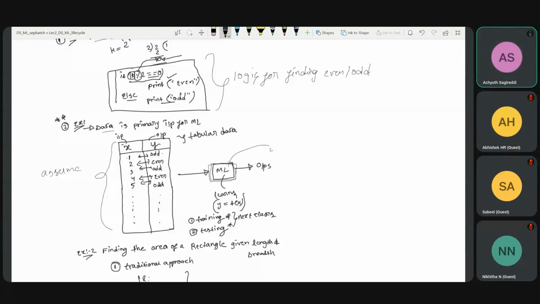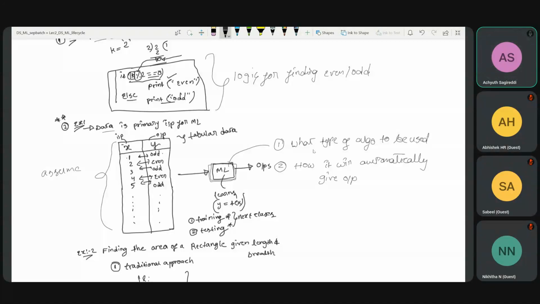And here, the first question is, what type of algorithm is to be used? And the second question is, how will it automatically give output? I know you are having these two questions in your minds.